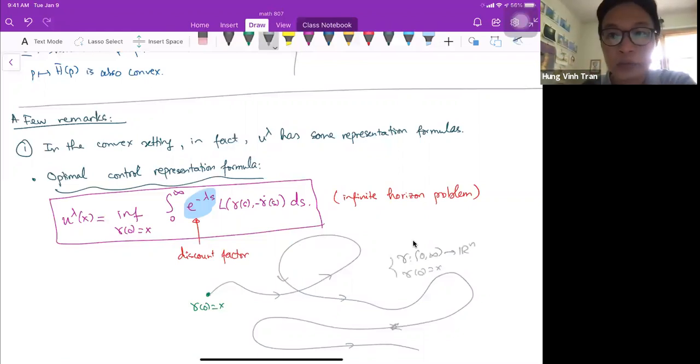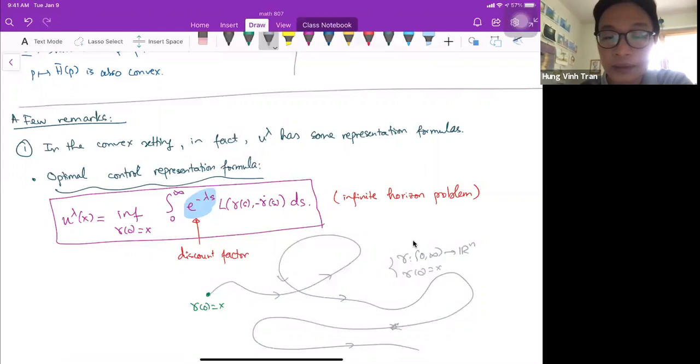To compute this kind of problem numerically is actually quite challenging because you would explore the whole space, and then it's a problem of infinite horizon, right? But the discount factor comes into the game so that your integral is well under control, right?